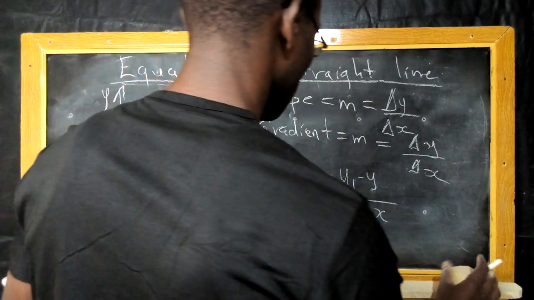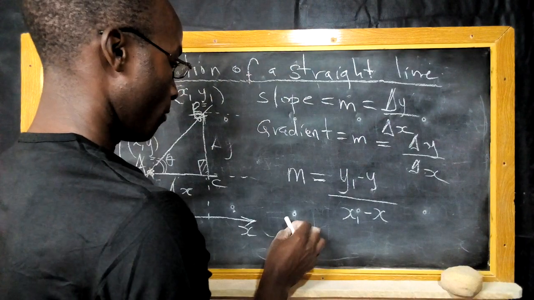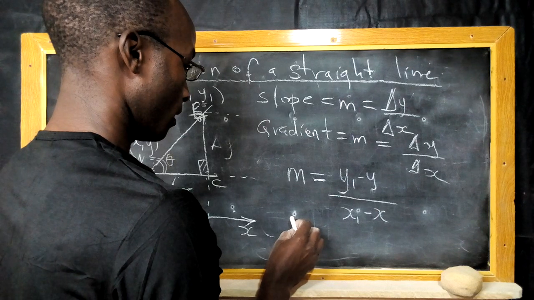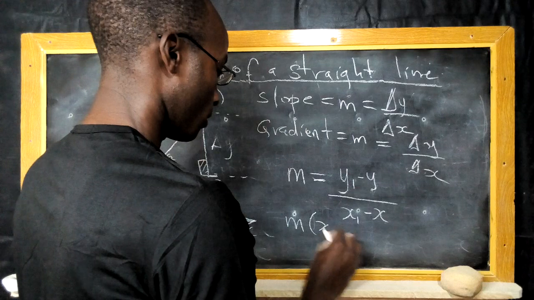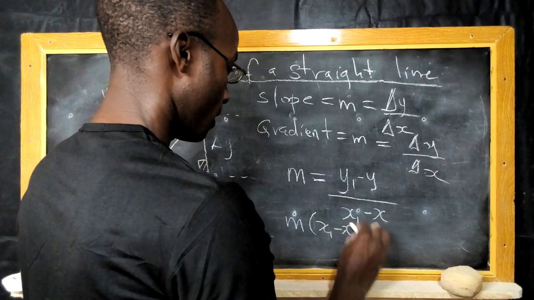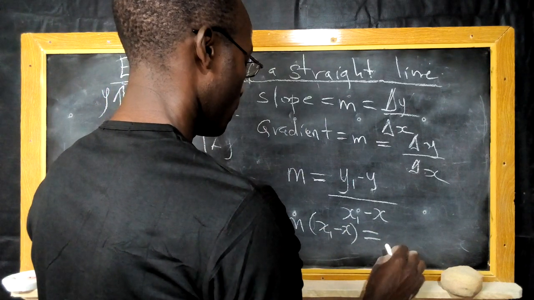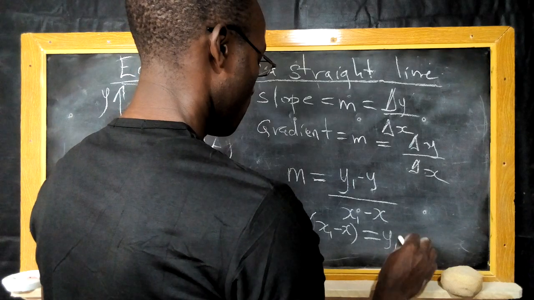So doing a rearrangement of this, we can say that the relationship can be expressed as m into (x1 minus x) is equals y1 minus y.